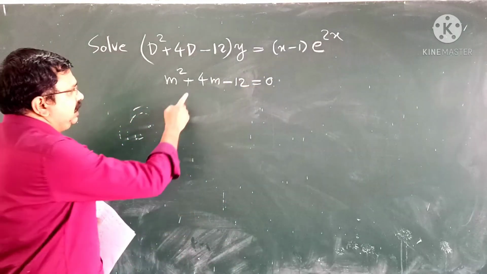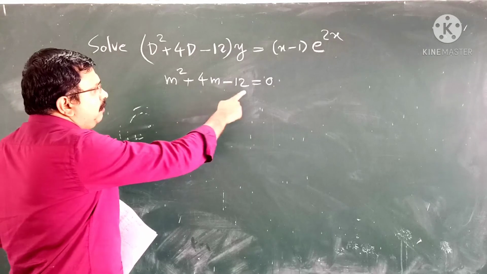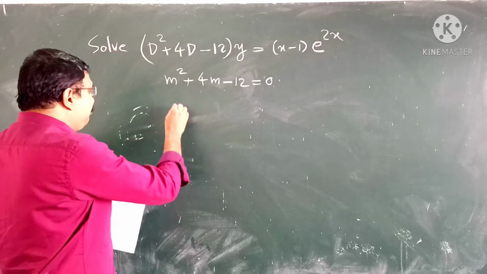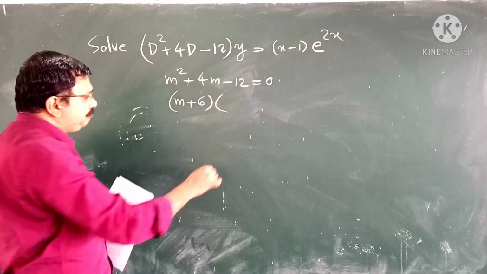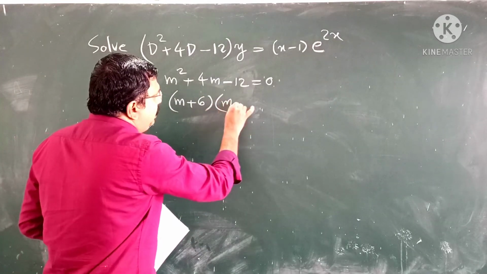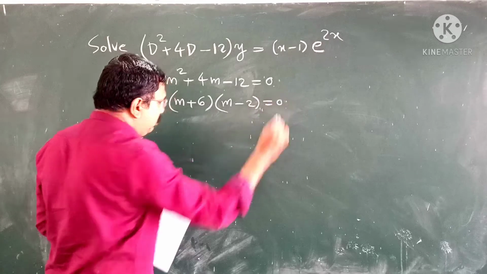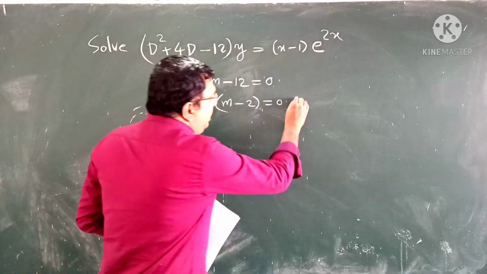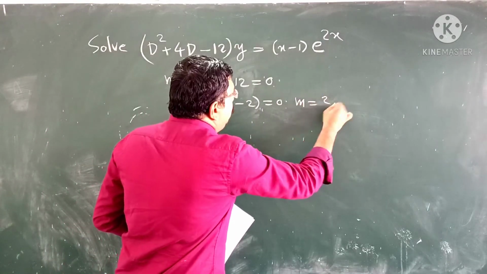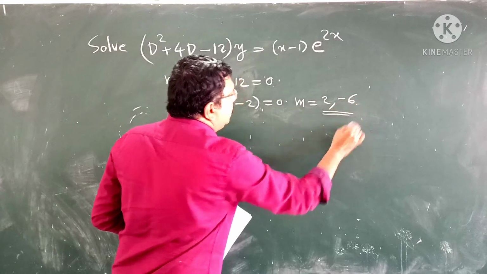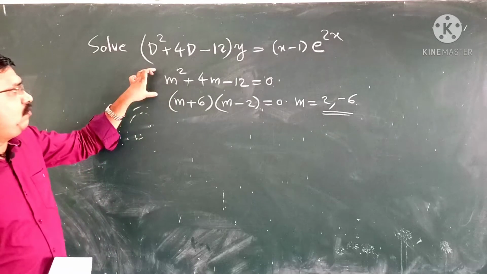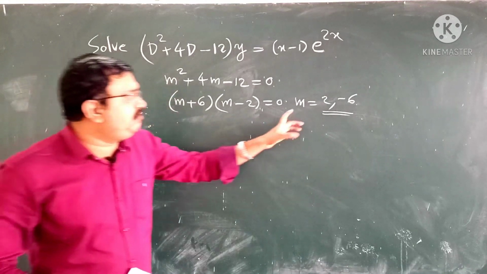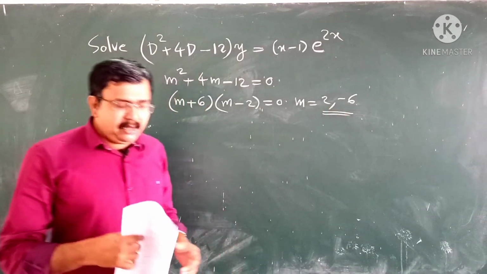Okay, that is the sum is 4, product is minus 12. Therefore, this can be written as (m plus 6) into (m minus 2) equal to 0. That means m equal to 2 and minus 6. Two results are there. When we are solving the auxiliary equation, we get the value m equal to 2 and minus 6.